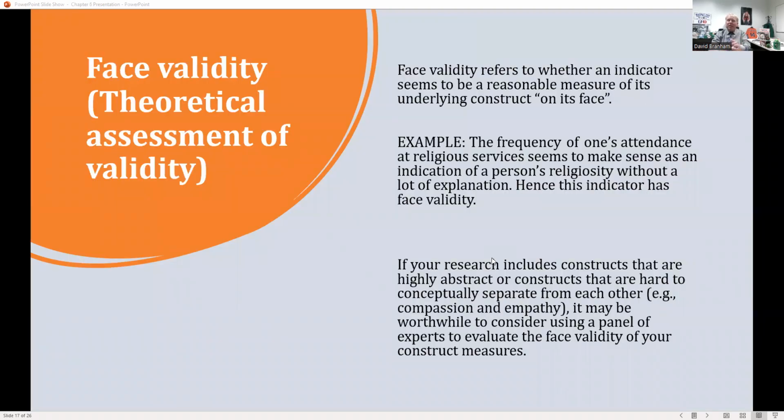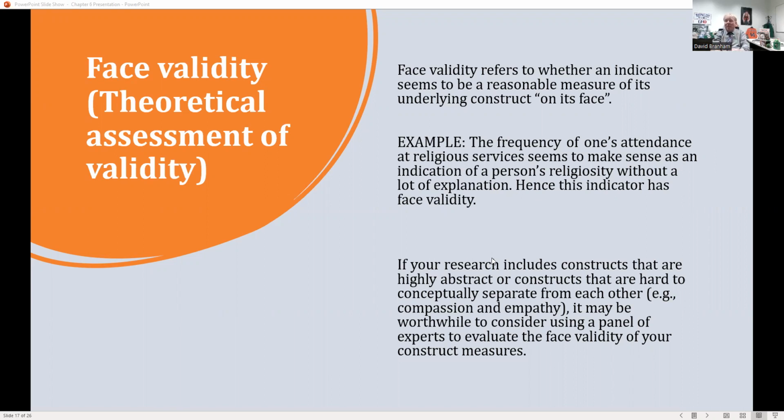Face validity, as I talked about before, refers to whether an indicator seems to be reasonably measuring its underlying construct on its face. For example, the frequency of one's attendance at religious services seems to make sense as an indicator of a person's religiosity without a lot of explanation.